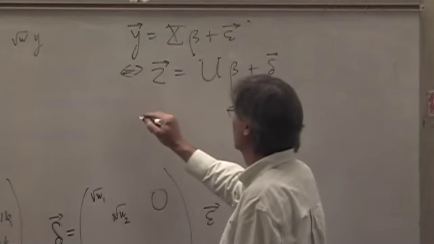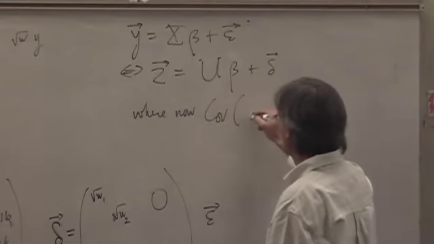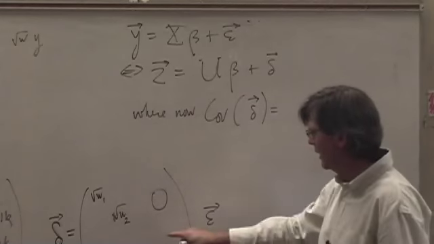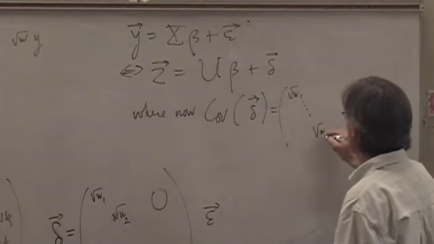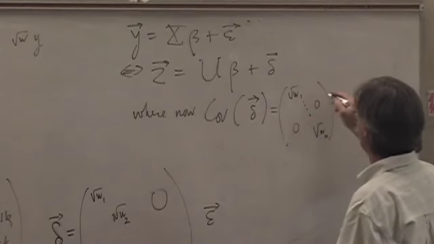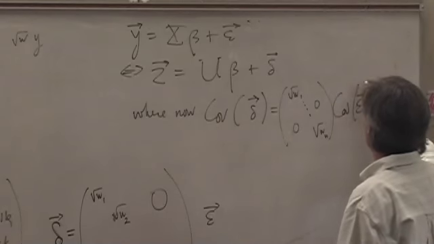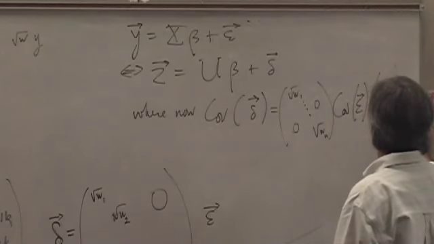Where now the variance-covariance matrix of delta is simply this matrix, square root of w1 to square root of wn, times the variance-covariance matrix of epsilon, times the square root of w1 down to square root of wn.